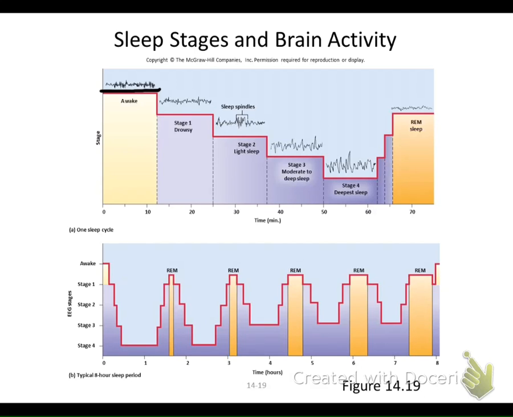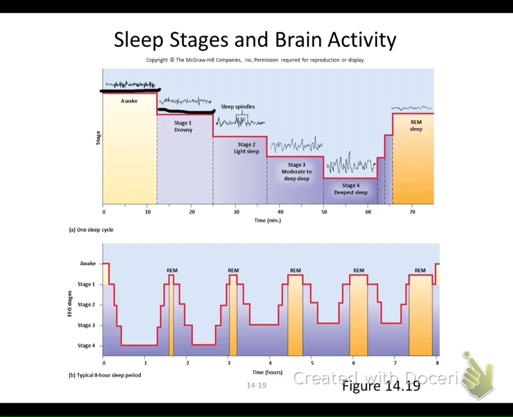If your eyes are open and you're thinking through things, you'd be seeing beta waves, right? And then you go into stage 1. Now, these minutes are down here. It's kind of an average. But you go into stage 1, so you just close your eyes. You're getting drowsy. You're kind of drifting off. You'd now be having alpha waves. I wish they were in order, but they're not, right? So beta waves when you're out and around, eyes open, concentrating, doing things. Close your eyes, get drowsy, alpha waves.